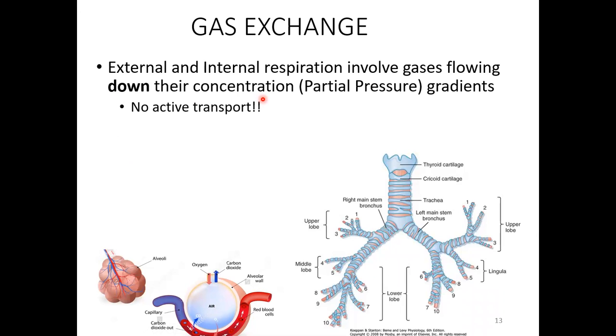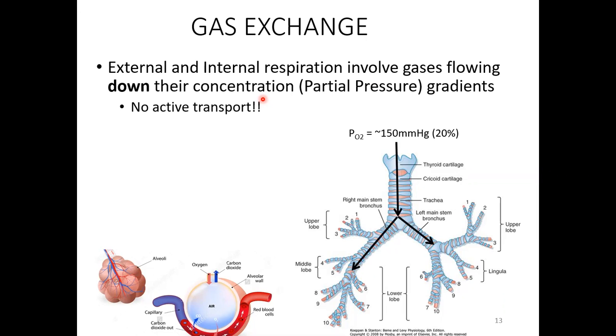We never want to use active transport for these processes because we want them to be super efficient. They don't have to wait in line or wait for energy to be converted into ATP and then pumping, any of that kind of stuff. No, these gases are sliding right in between those phospholipids over the membranes of the alveolar membrane, the capillary membrane, the red blood cell membrane, and ultimately into your red blood cells.